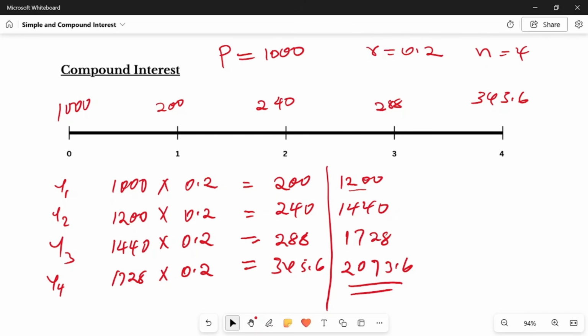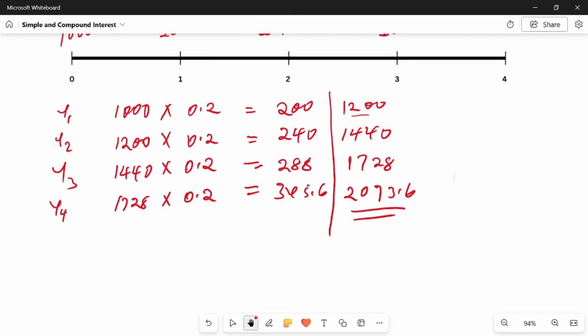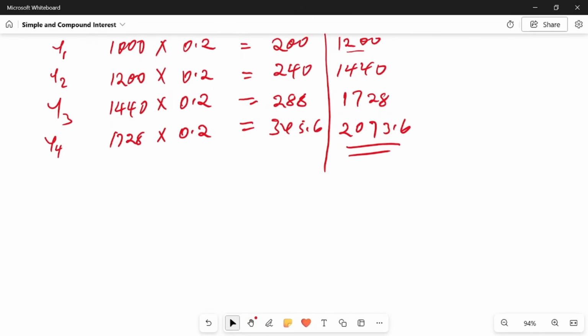Now, can we change this into a function or a formula that we can use anywhere? Yes. So that is going to be, we had our principal multiplied by 1 plus our rate for the first year. Then for the second year, we took all these and then multiplied it.